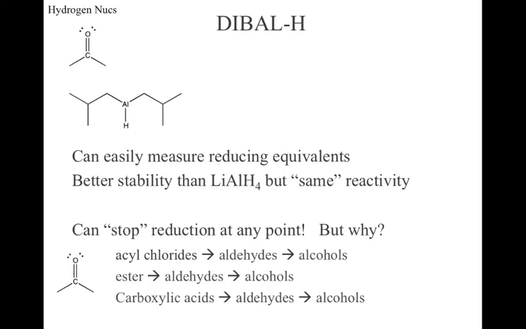So we can move from an acyl chloride to an aldehyde. If we want to take it to an alcohol, we can add a second equivalent of the DIBAL. We can do the same thing with our esters and our carboxylic acids. How does this end up working out so much differently?